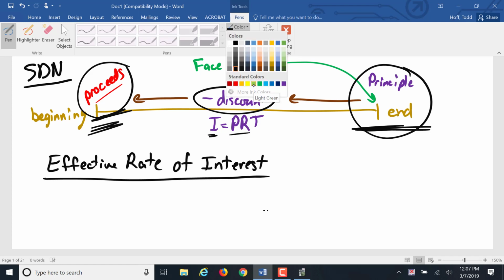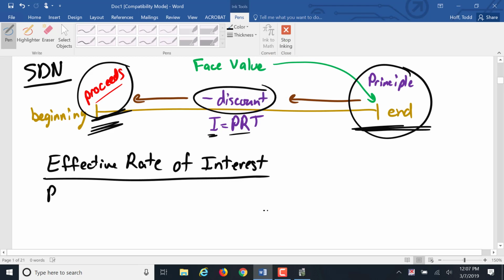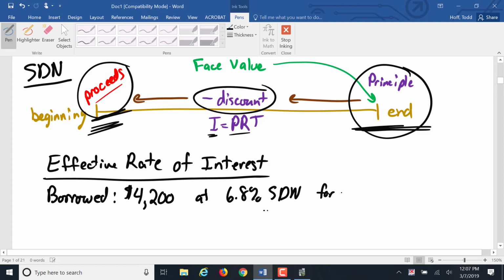So one of the examples we saw in the last video was a customer who borrowed $4,200 at 6.8% on a simple discount note for 90 days.